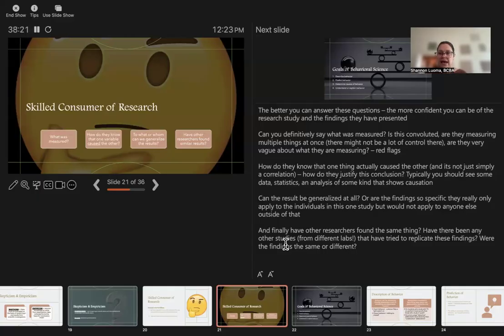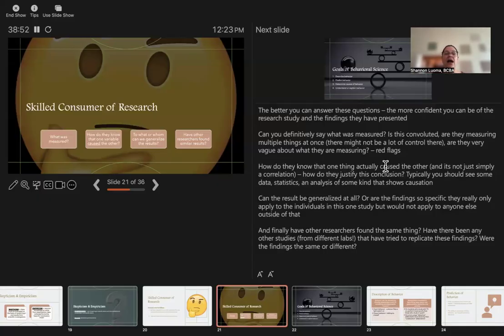But the goal is that they are similar enough to the larger population that the findings we get with that small group can still be generalized and applied to the larger population, so that our findings are good for everyone, right? Not just for a few. So that's a big question that we should be asking of research. Is it generalizable? Does it apply to many people or just the people who were in your study? Is it too specific and doesn't apply to anything else?